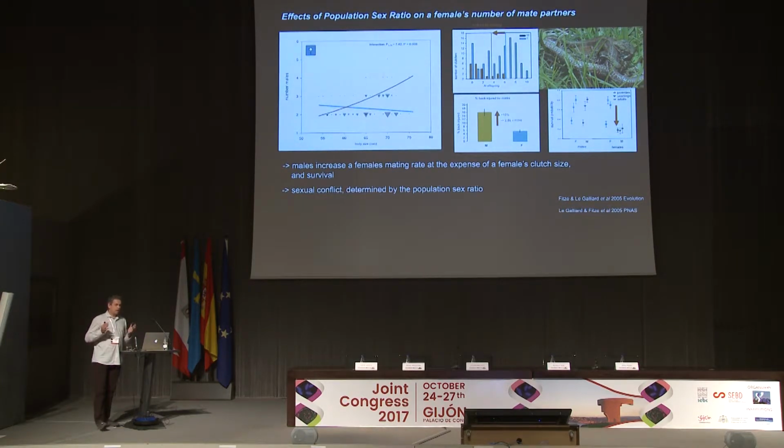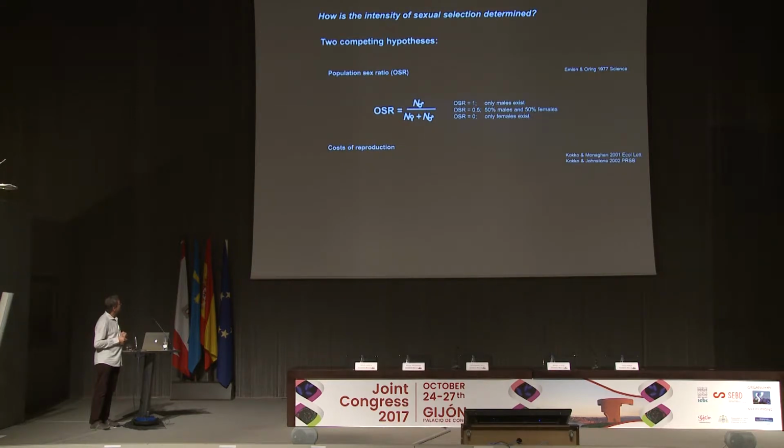When we think about the speed of evolution that could be imposed, for example, by sexual selection, then everybody would rapidly say, well, that's not what we should analyze. To understand the speed, we need to analyze the intensity of sexual selection. And there are 2 competing hypotheses.